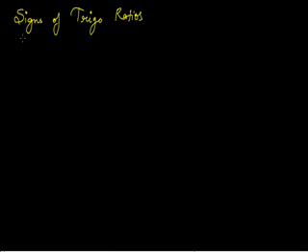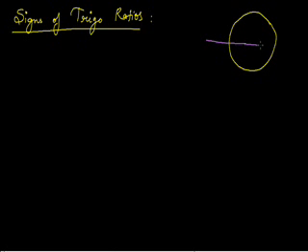Now let's try to find out the signs of trigonometric ratios in different quadrants. We have divided the circle into 4 equal partitions with the help of x-axis and y-axis. Let's say this is x, this is O, this is x dash, this is y, and this is y dash.